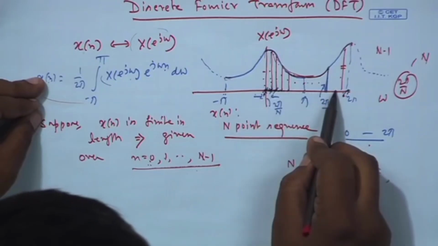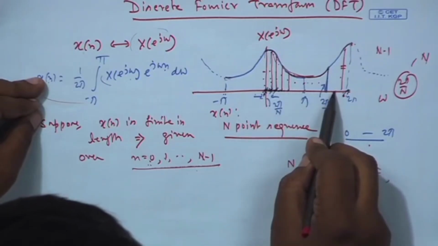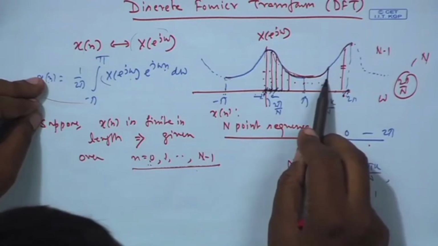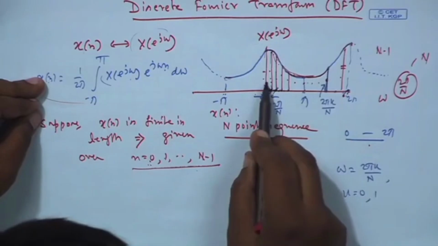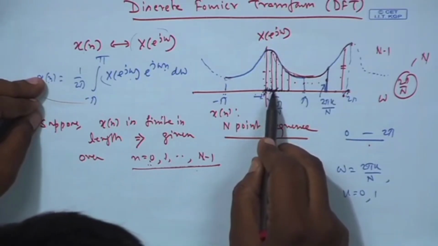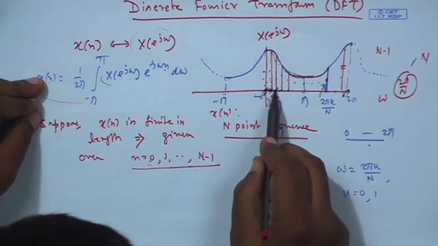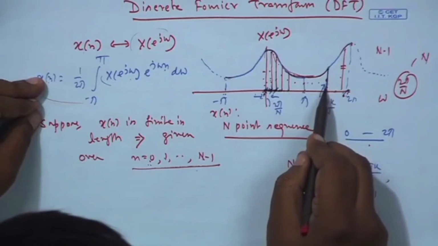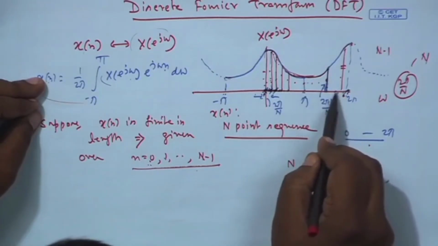Capital Nth 2 pi by N period, before that will be the N minus 1th sample. 0th sample, 1 times 2 pi by N; first sample, another 2 pi by N; second sample, 3 times 2 pi by N. So, the N minus 1th sample is N times 2 pi by N.